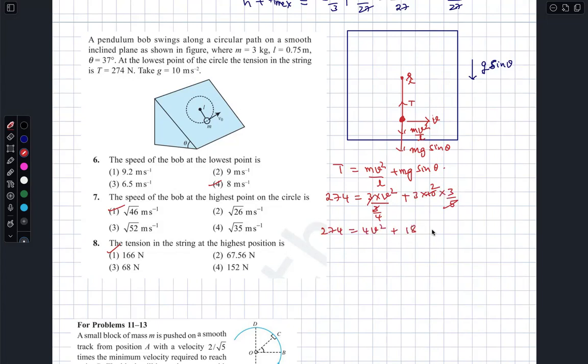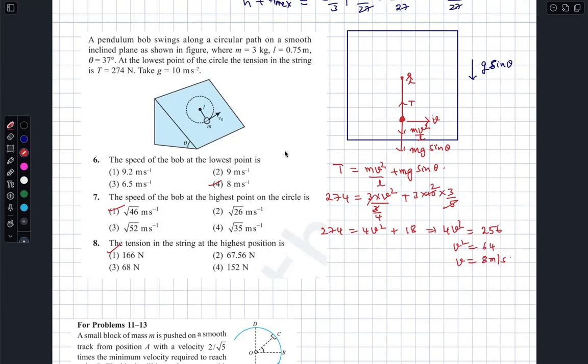That is 18. So 4v square is 274 minus 18, which is 256. So v square is 256 by 4, which is 64. So v is 8 meters per second. So the first answer is correct.